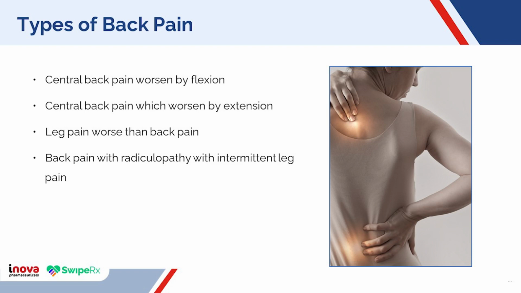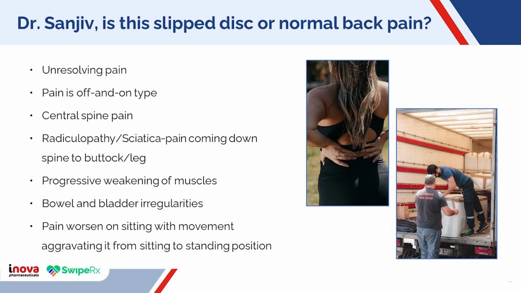There is leg pain that is worse than back pain, that means more leg pain than actual back pain, and this is characteristic of a slipped disc. Then back pain with radiculopathy with intermittent leg pain. This is usually in degenerative disc disease, or older patients with osteoarthritis of the spine. Again, 4 types, and we will go through the individualized management of it.